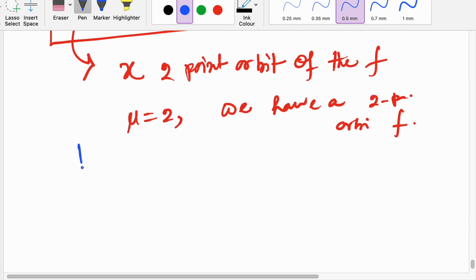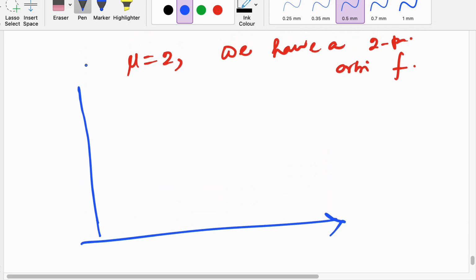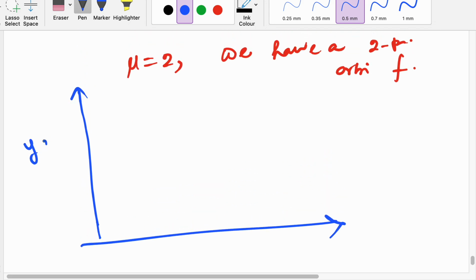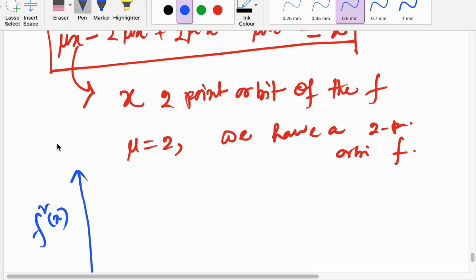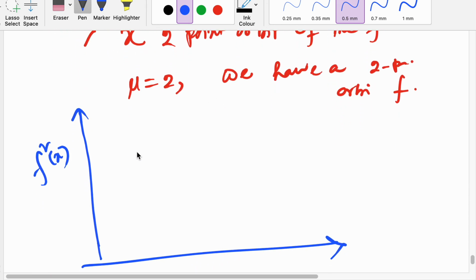First, along the y axis, I will draw f square x, which is nothing but this left hand side, mu x minus 2 mu x square plus 2 mu x cube minus mu x to the power 4.